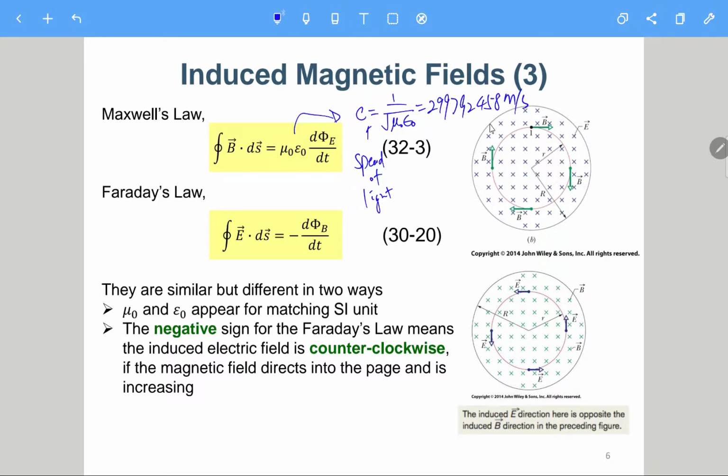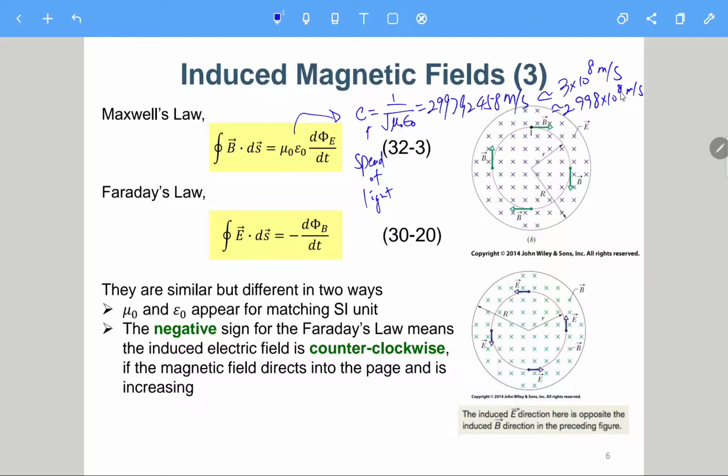This is the speed of light up to 9 significant digits. Or sometimes we usually use 3 times 10 to the 8th meters per second, or in modern physics we will sometimes use 2.998 times 10 to the 8th meters per second.